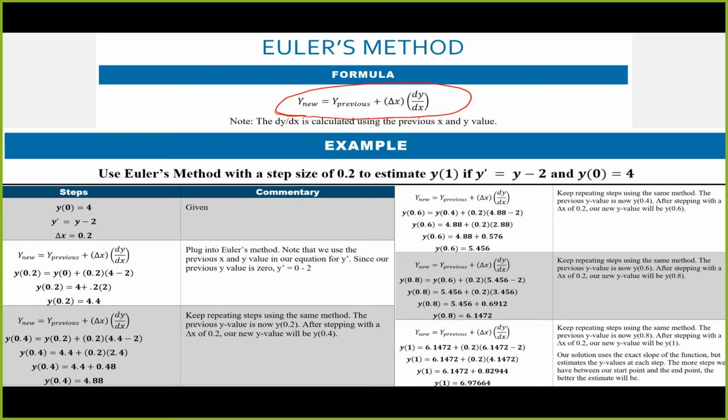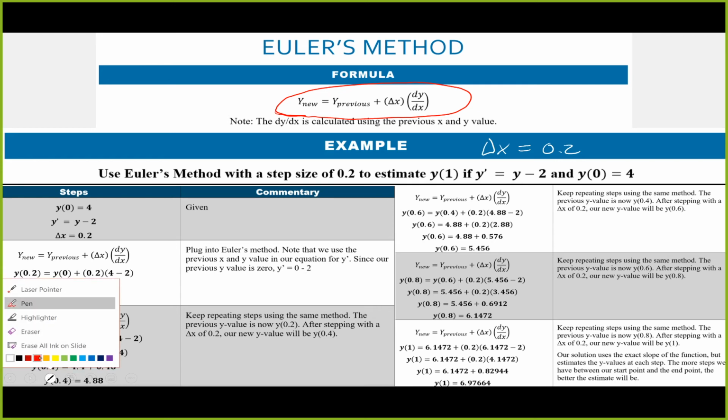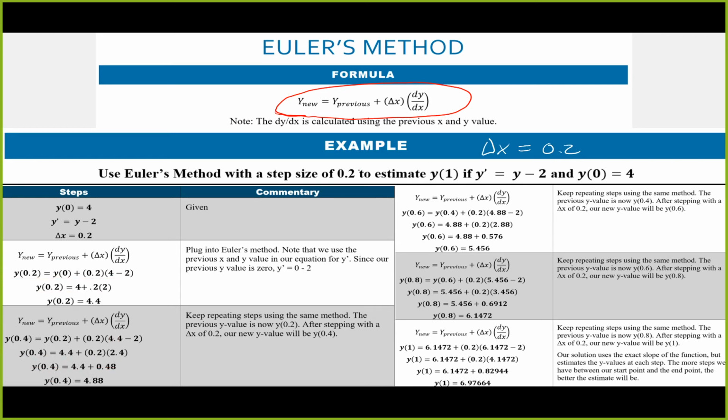I'm going to use step sizes of 0.2, so that means my change in x is equal to 0.2, as given, to estimate what our y value would be when x is 1. We know that our y value is 4 when x is 0, and our derivative is equal to y minus 2. Okay, so here's everything I was given: we know the step size, we know the derivative, and we know a point.